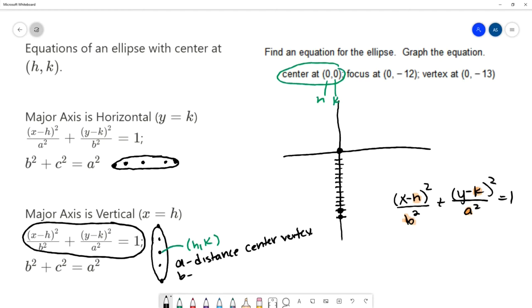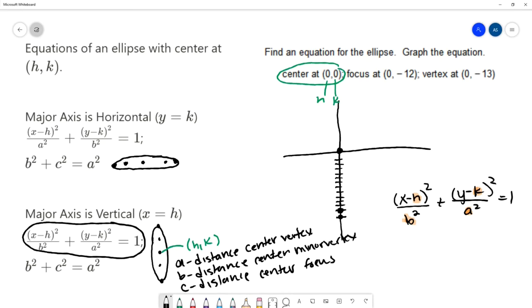B, that's the distance between the center and the vertex on the shorter side, so I call it the minor vertex. And c is the distance between the center and the focus.